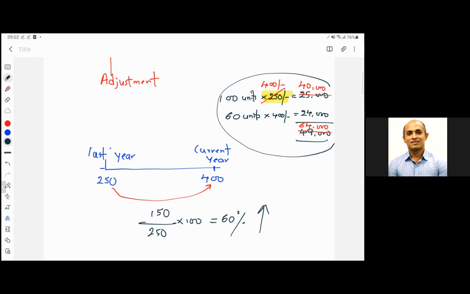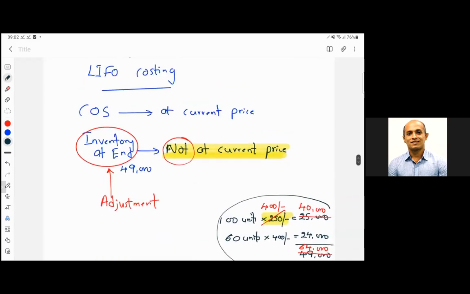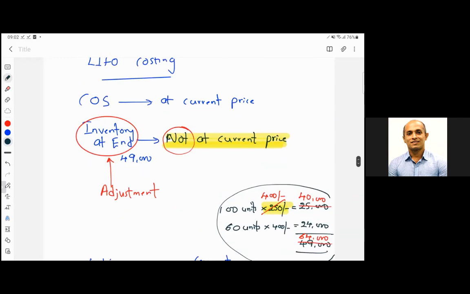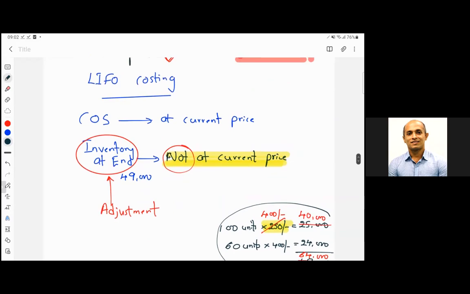You can apply your judgment. I got 60% according to the data received from industry, but with some other information, you can judge that on average we'll apply 50%. But here you see a 60% increase. So you can apply this percentage to calculate inventory at current cost.